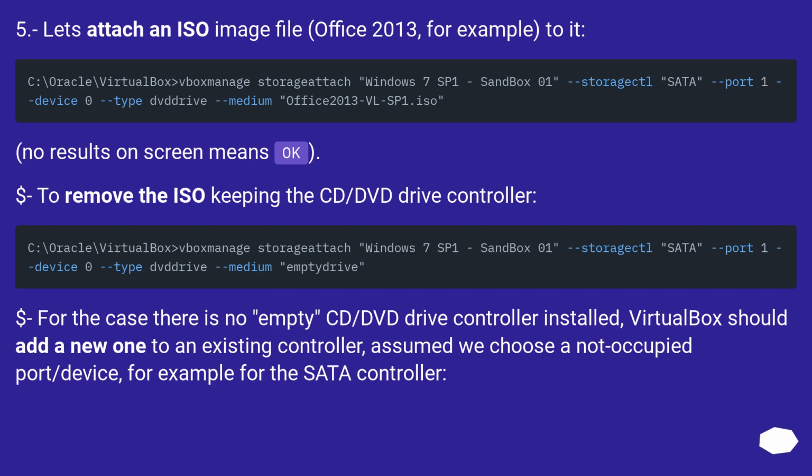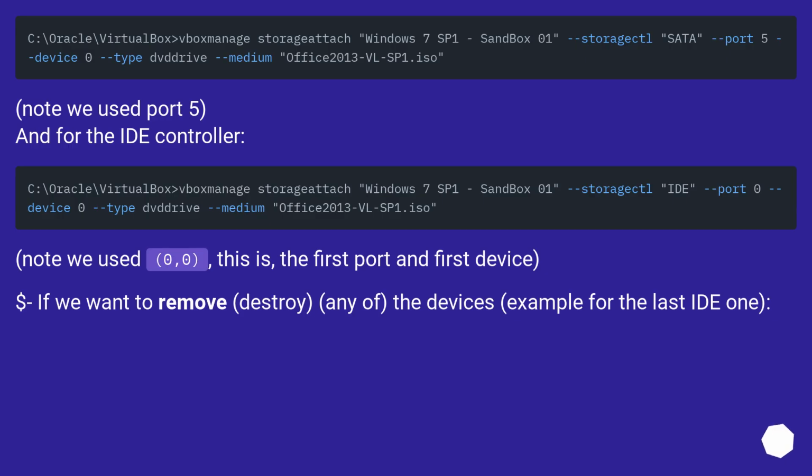For the case there is no empty CD/DVD drive controller installed, VirtualBox should add a new one to an existing controller, assuming we choose a non-occupied port/device, for example for the SATA controller. Note we used port 5 and for the IDE controller, note we used 0,0, the first port and first device.